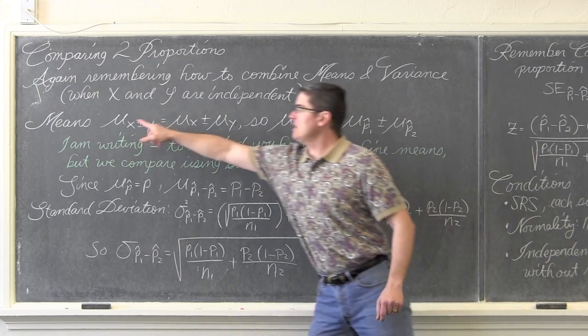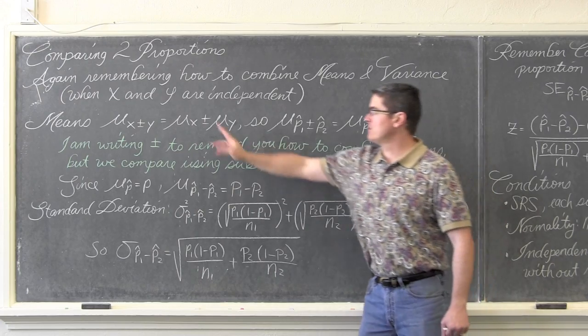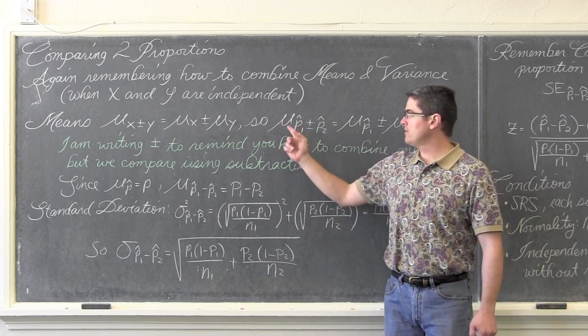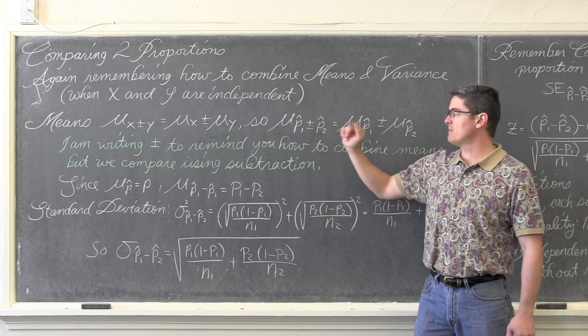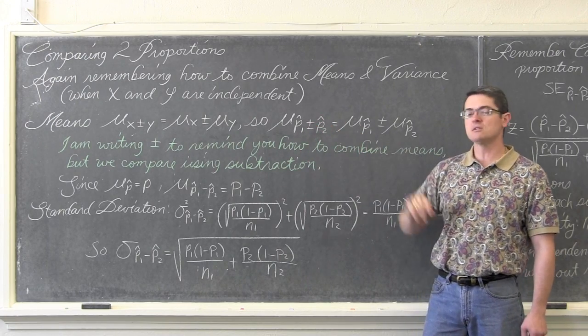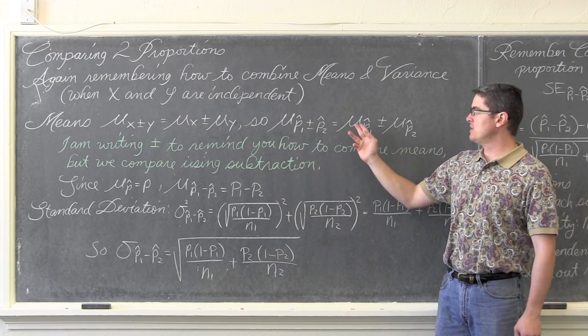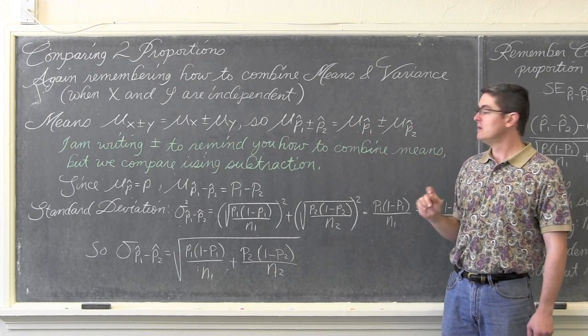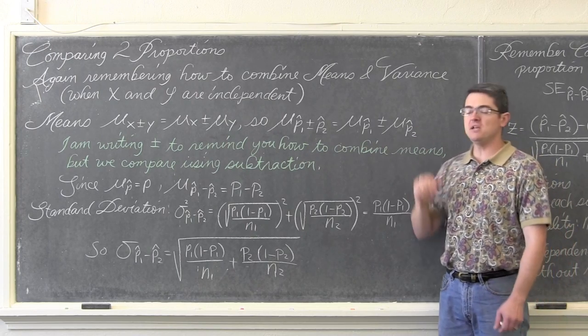So, the mean of x plus or minus y is equal to the mean of x plus or minus the mean of y. So, the mean of p hat sub 1 plus or minus p hat sub 2 is equal to the mean of p hat sub 1 plus or minus the mean of p hat sub 2.